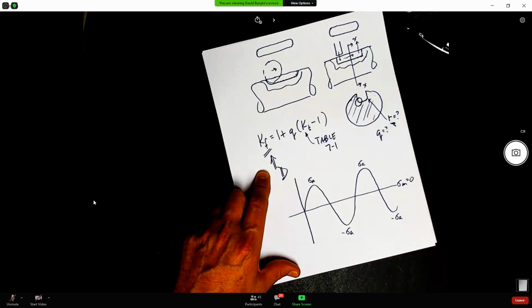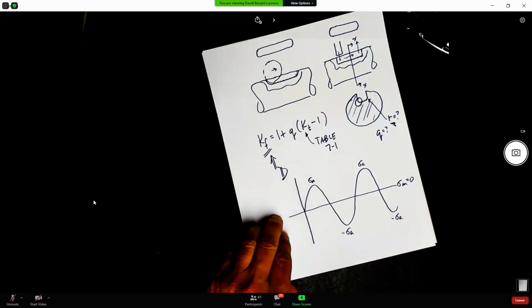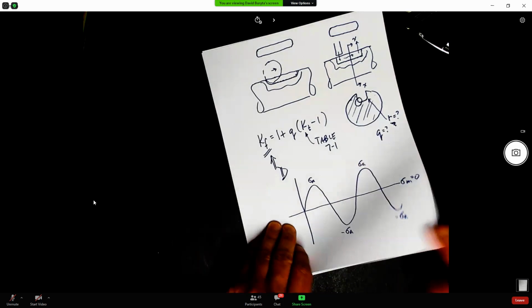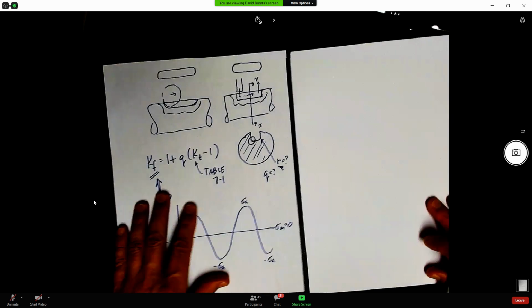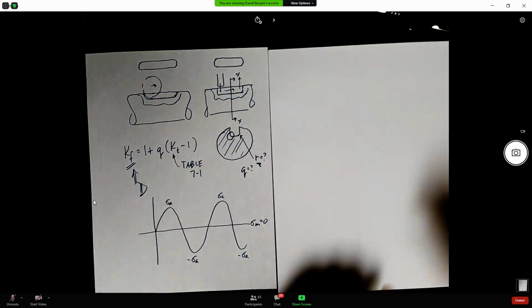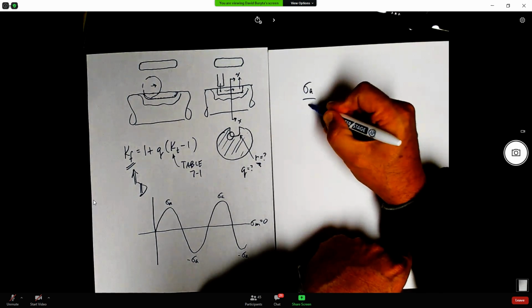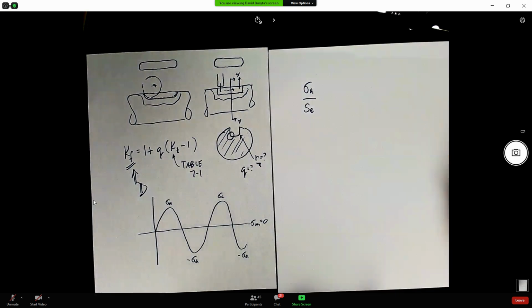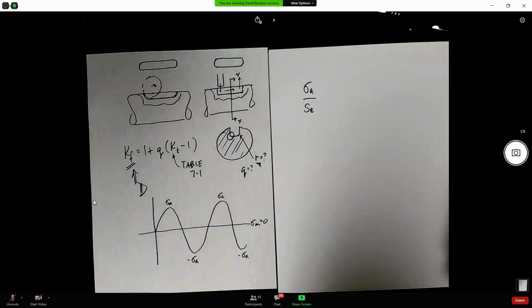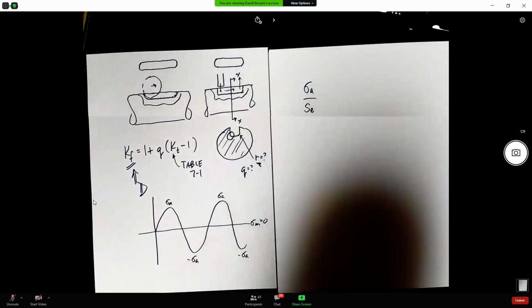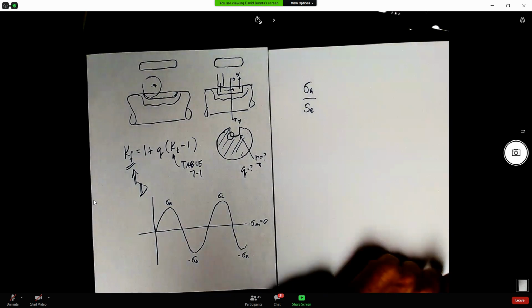So when you use either one of these equations, whether it be the Soderberg or the Goodman, you always have your alternating component affiliated with your fatigue material property.